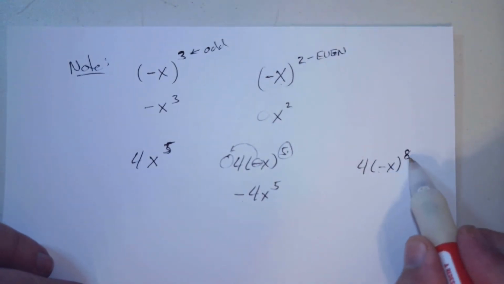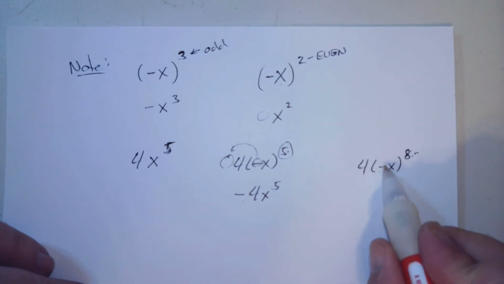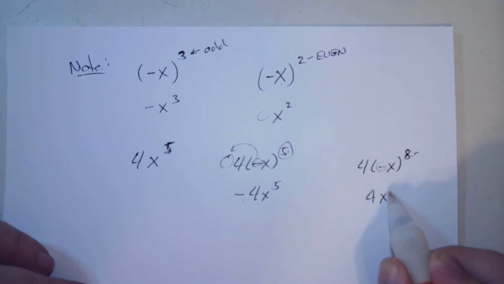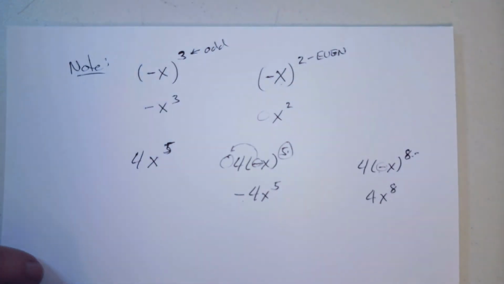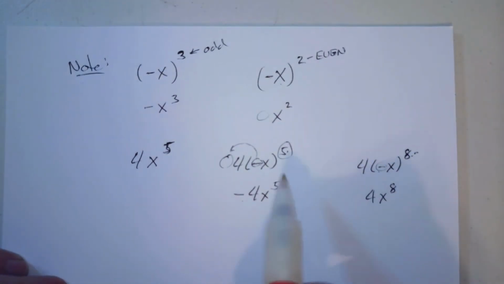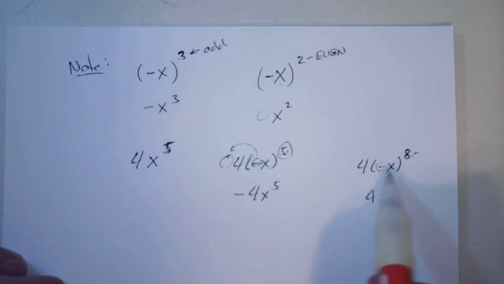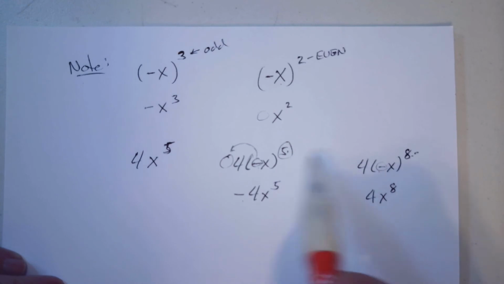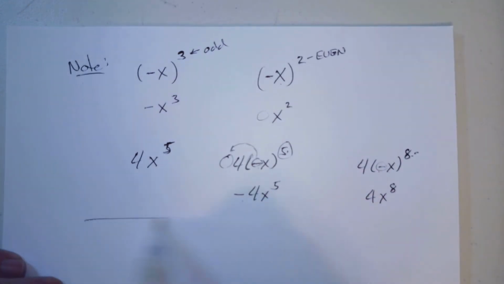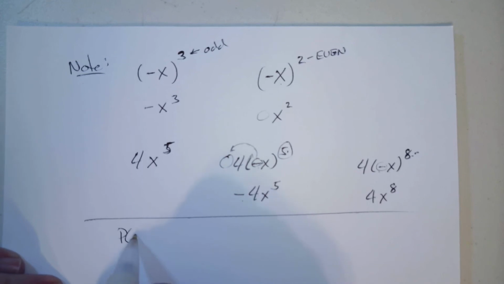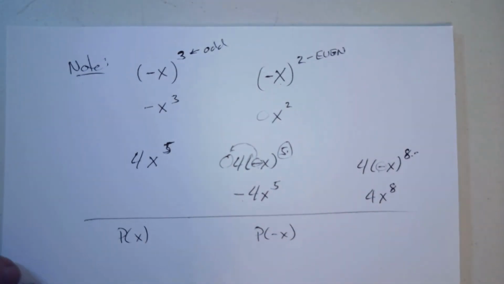Negative x to the 8th power, since this is even, this negative disappears. So this is in case we have a negative or positive inside of parentheses raised to a power. This is going to be important because when we do these sign changes, we have to take positive x and we have to take negative x.